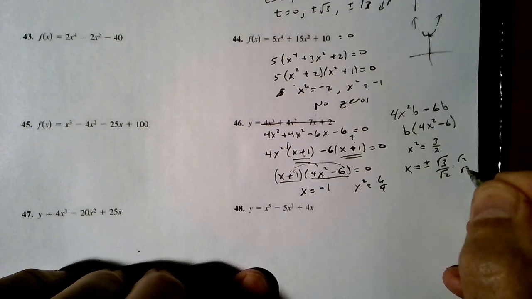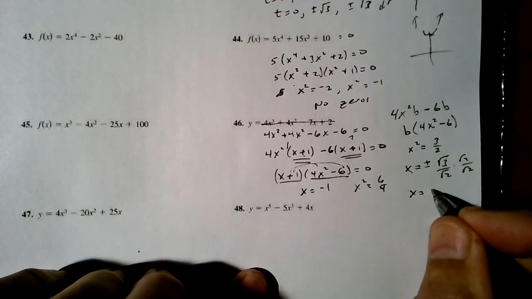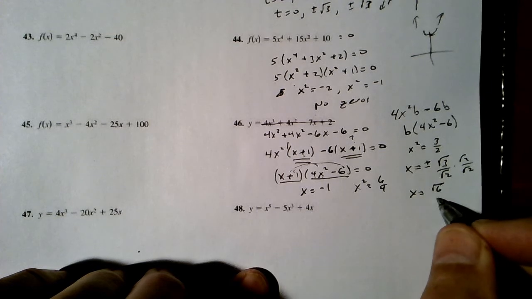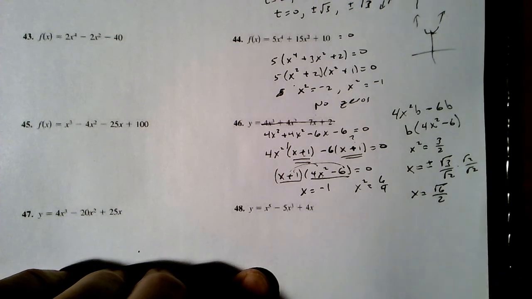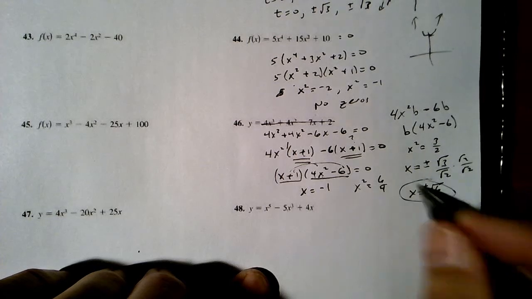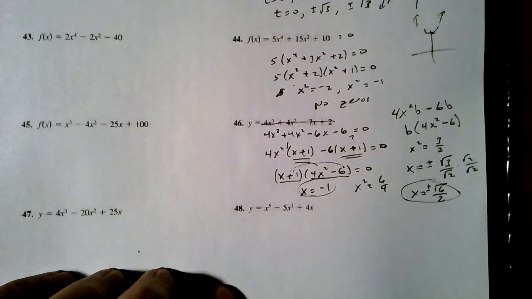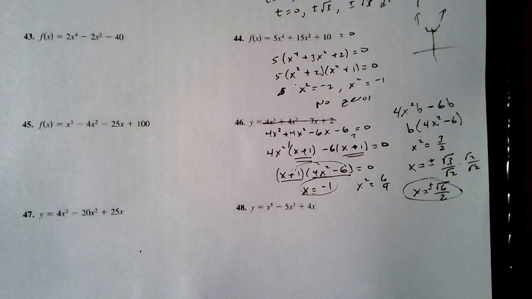Multiply square root of 2 on square root of 2, x equals square root of 6 on plain old 2 plus or minus. So there's my solutions. Actually 45 got some bigger numbers there, but it works out a little cleaner than that.